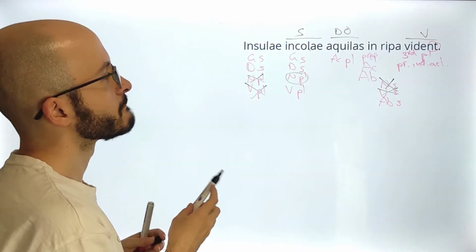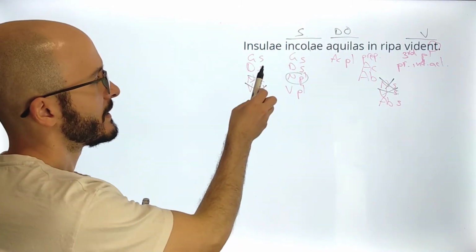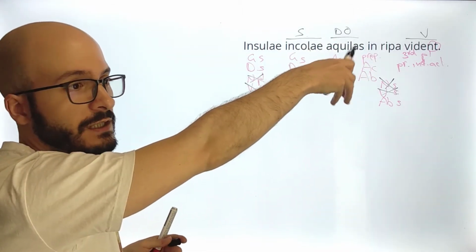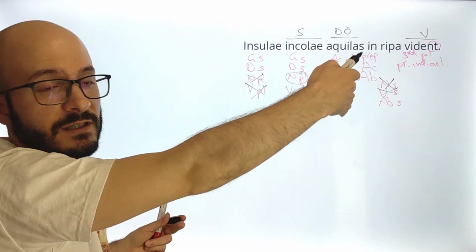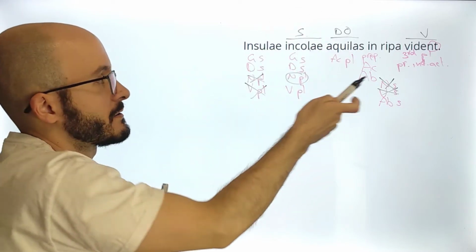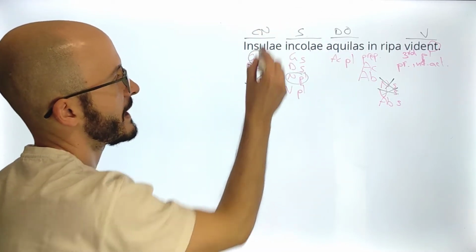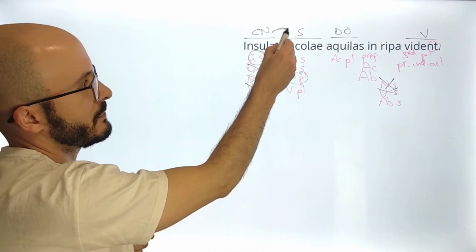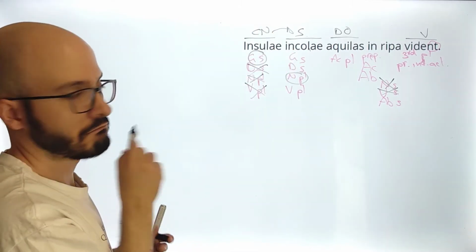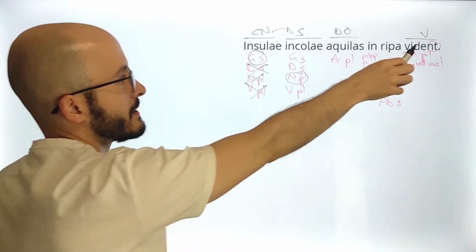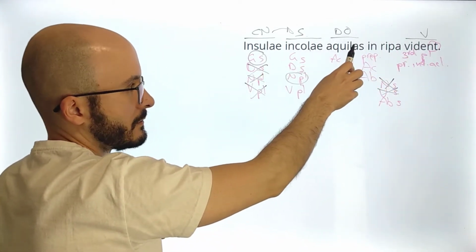Makes sense. Now dative, it cannot be dative, because this verb doesn't need a dative, an indirect object, so no. So it's genitive, a complement of the noun. Which noun? It can only be this one. So the inhabitants of the island see eagles.